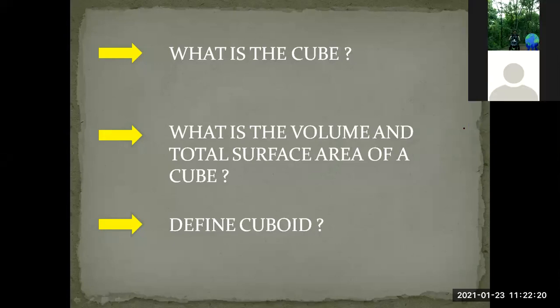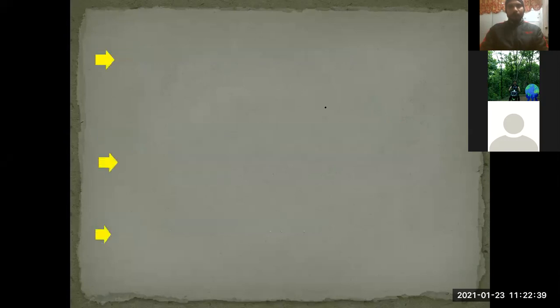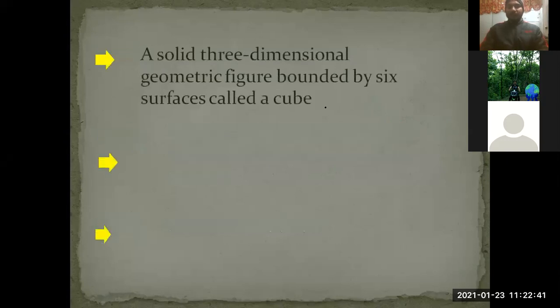Pradeep, unmute yourself and answer the question. Define cuboid. Sir, a cuboid has 6 faces and 8 vertices, but all edges are not of the same length. Very good. A solid three-dimensional geometric figure bounded by 6 equal square surfaces is called a cube.